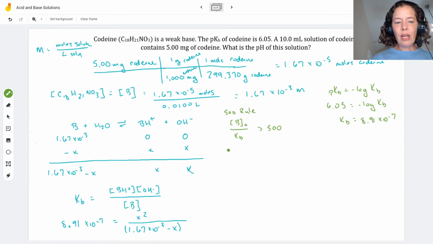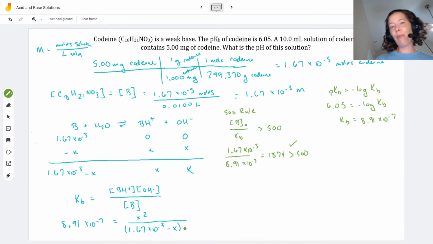So my initial concentration is 1.67 times 10 to the negative third, and my Kb I just calculated over here, times 10 to the negative seventh, and I did that calculation, and that gives me 1,874, which is greater than 500. So yes, I can drop this term right here, which makes my algebra just infinitely easier.